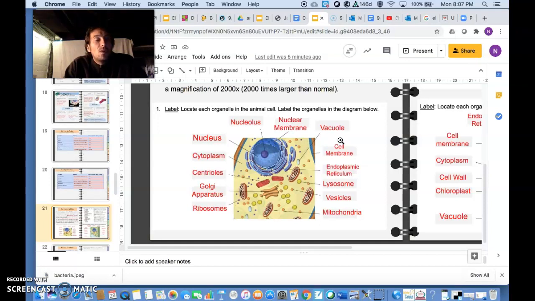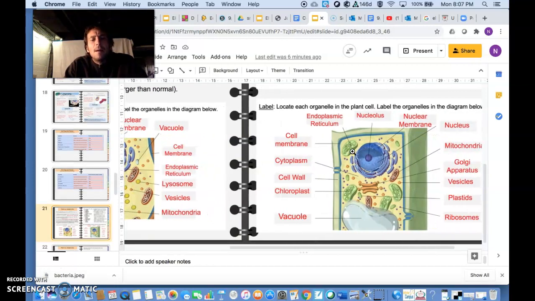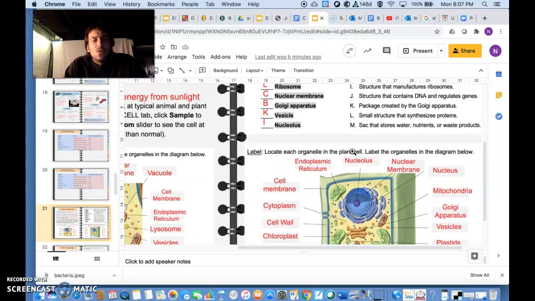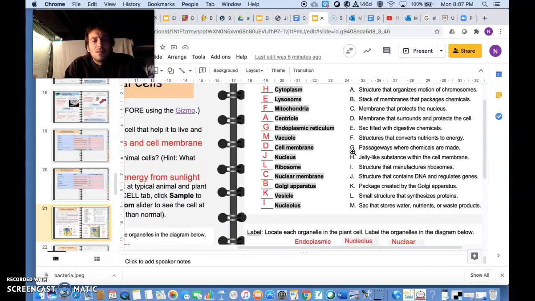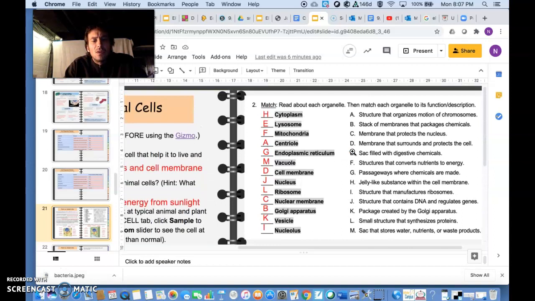Because they're both eukaryotic cells. They both have a nucleus, they're both fairly large, they both have cell membranes, they both have mitochondria, they both have cytoplasm. They both have a lot of stuff in common, but a plant cell has a few extra things.